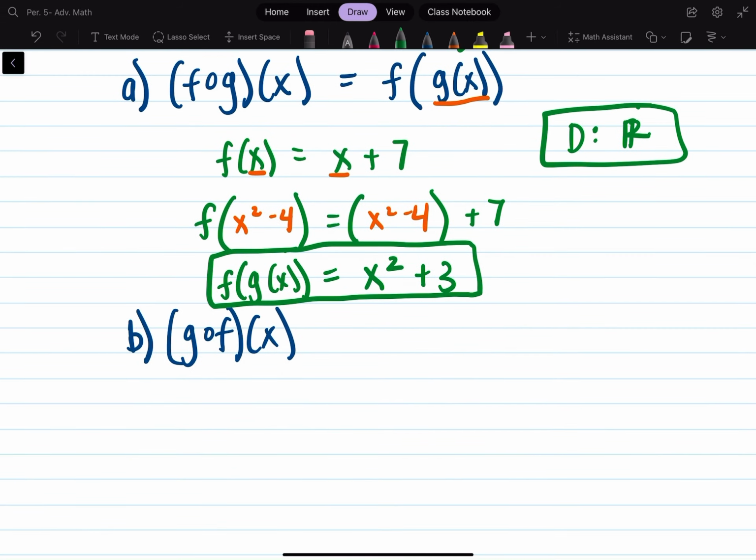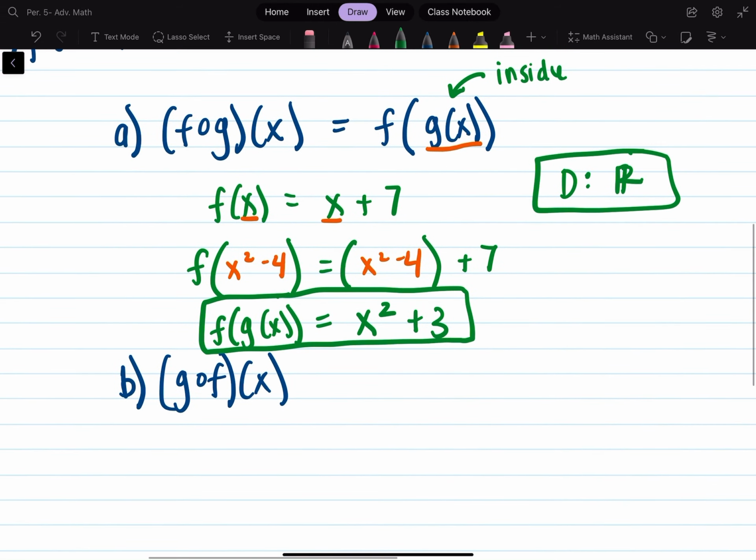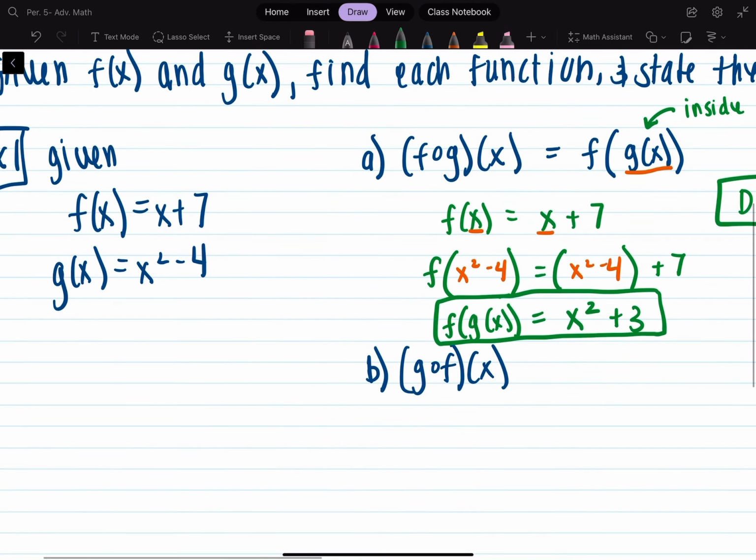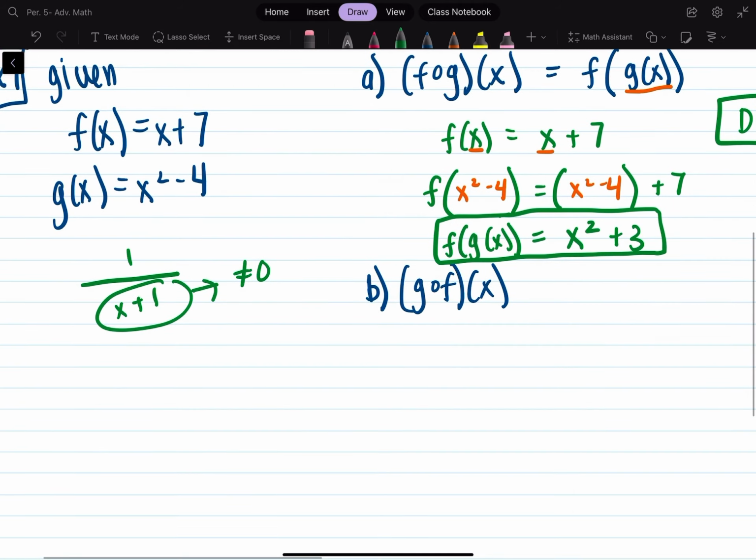Okay, if you need a quick refresher on the domain and range, the only time the domain and the range of functions is not all real numbers is whenever you are working with a rational function, which has something like this in the denominator, because remember, our denominators cannot equal 0. And the only other time we need to restrict our domains is whenever we are working with even radical functions, because remember, in these, what's under our radical has to be greater than or equal to 0.